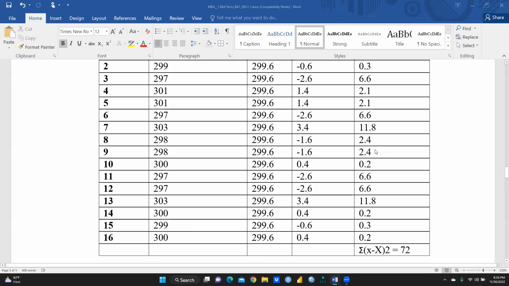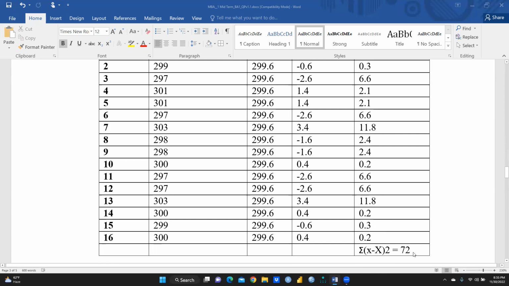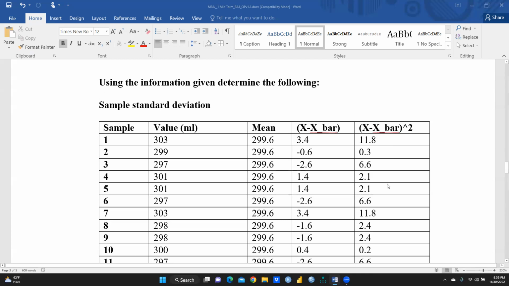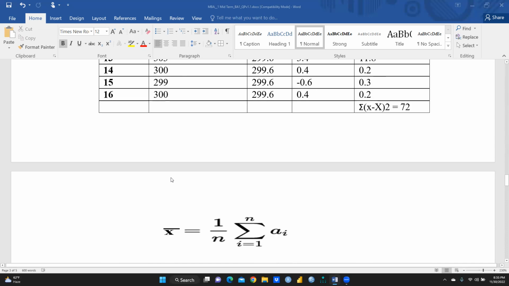After that, we take the summation of all these values. When I applied summation of all these values, you can see here 72 is my summation of x minus x bar whole square. I added all the values, and the final value is 72.